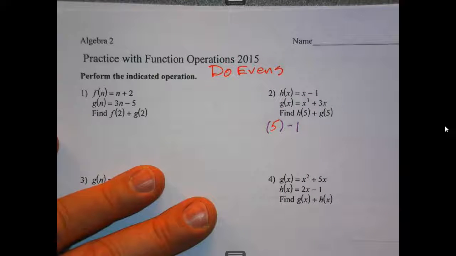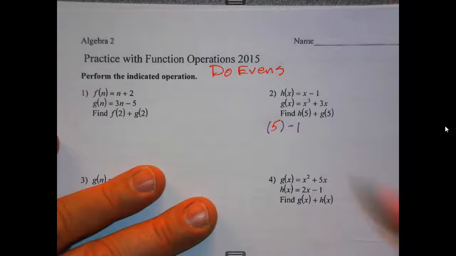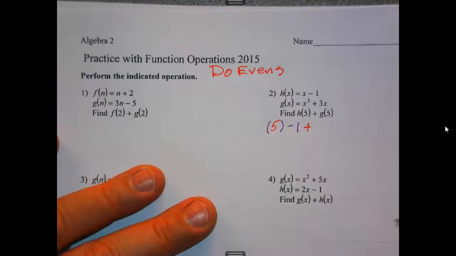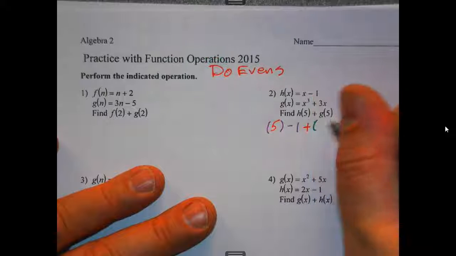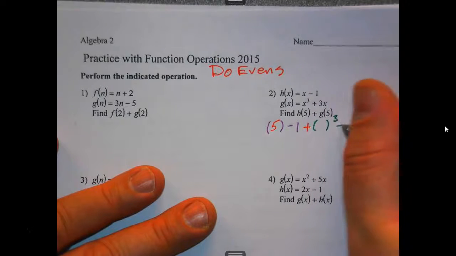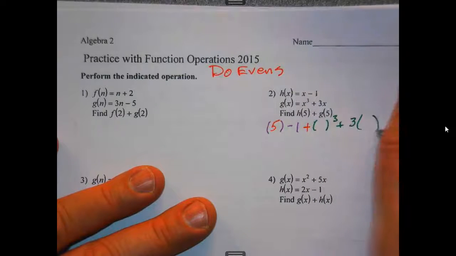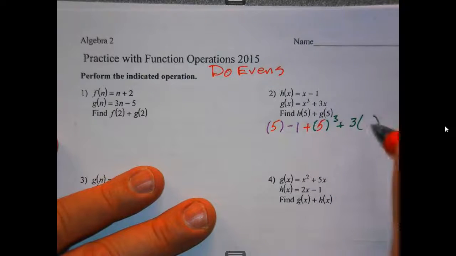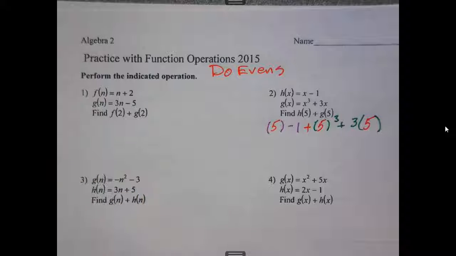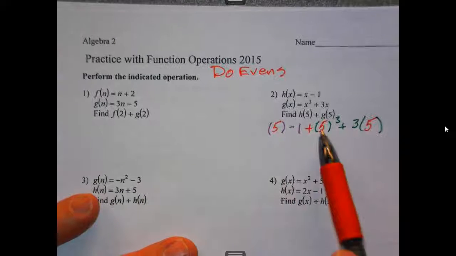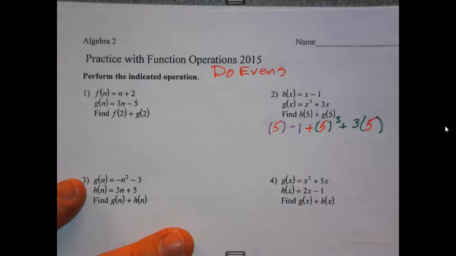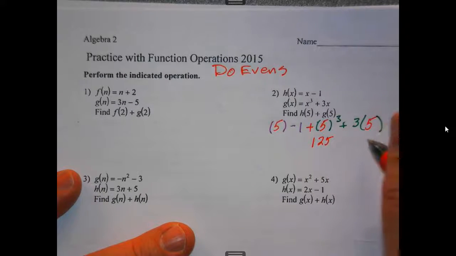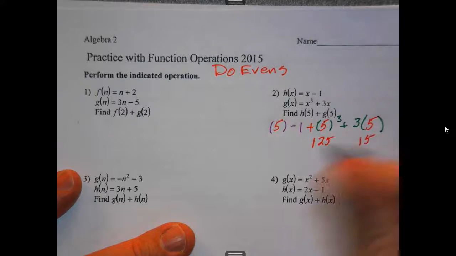The g of x, let's see, we're going to add these. The g of x is x cubed plus 3 times x. So my x is 5. Okay. 5 cubed is 125. 3 times 5, 15.